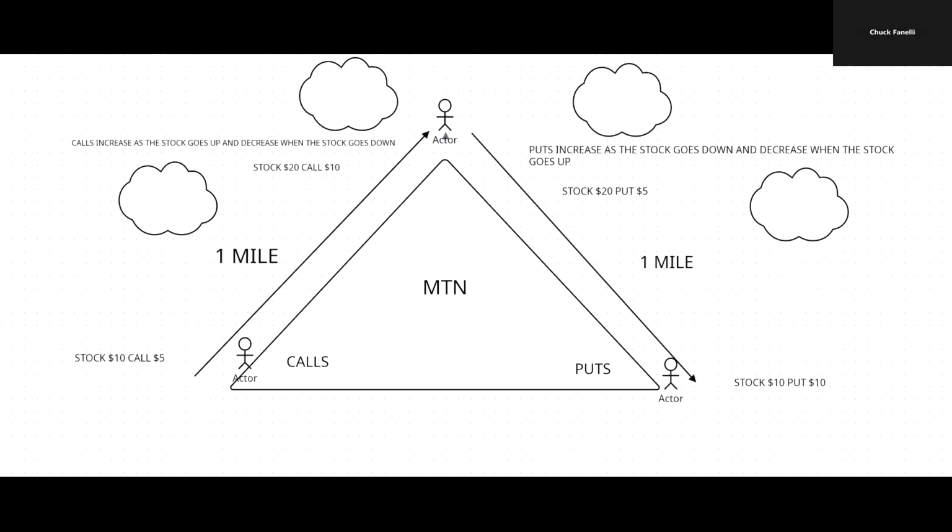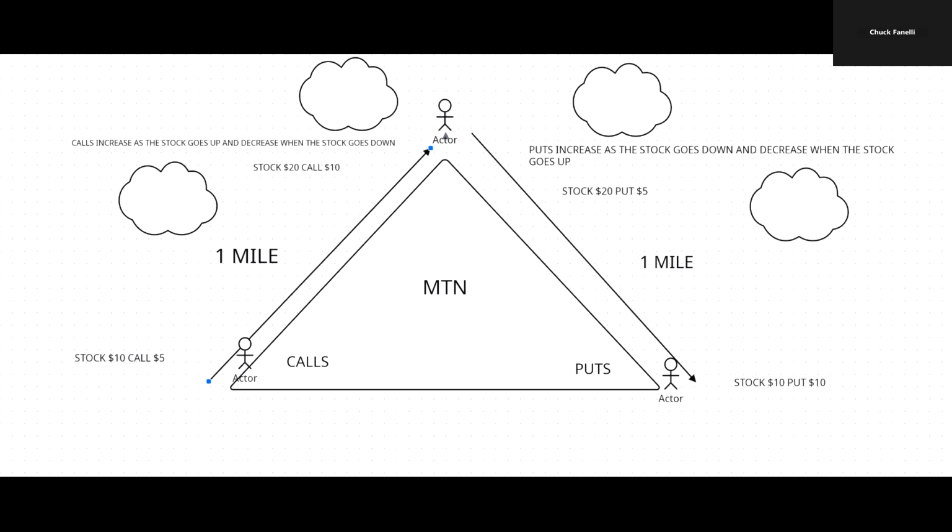Okay. When a stock increases, so let's say if you bought a call for $5. So the stock is at 10, but the call is at $5. When the stock goes up, whoops, I didn't have to fix it, but it would have bugged me, right?